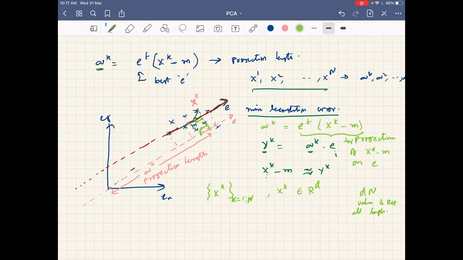Once AK is given, I am representing the xk samples with only the AKs, for k from 1 to n. However, to represent these with AKs, I also need the information of E because I am projecting onto the direction E. And I am also using M because I am taking the projection from M to xk. So this is the initial samples, and these are the projected samples.